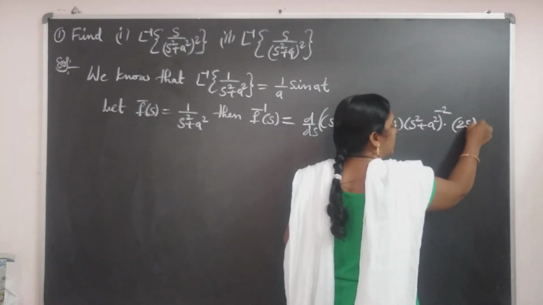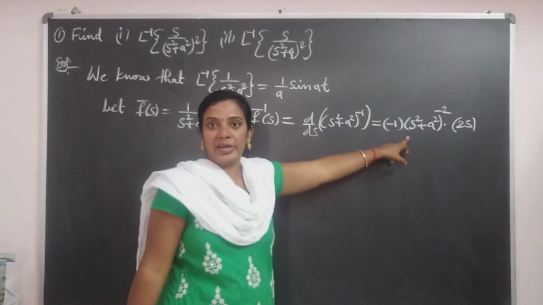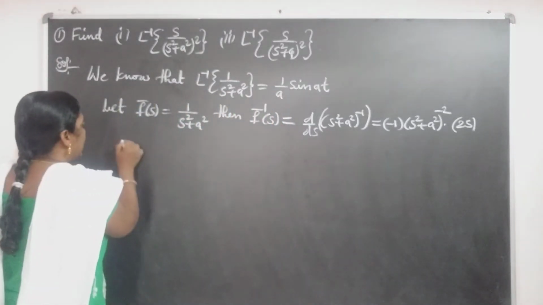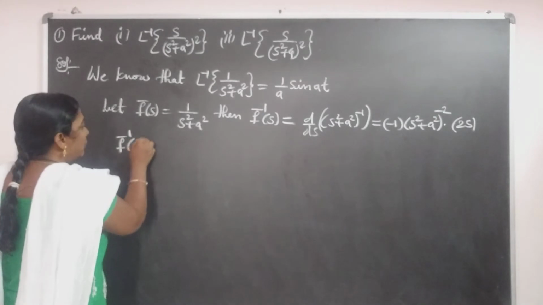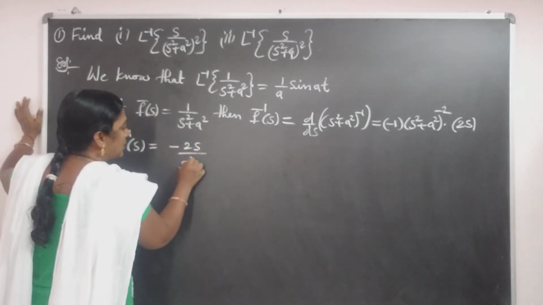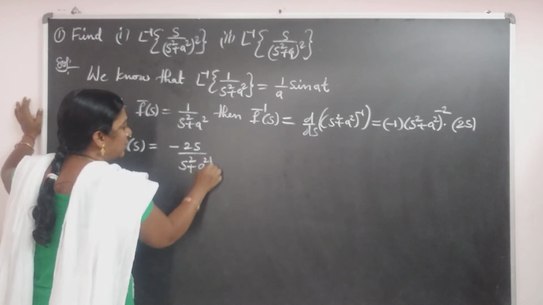S square's derivative is 2s, and A square's derivative is 0. So f bar dash of S is equal to minus 2s by (S square plus A square) whole square.